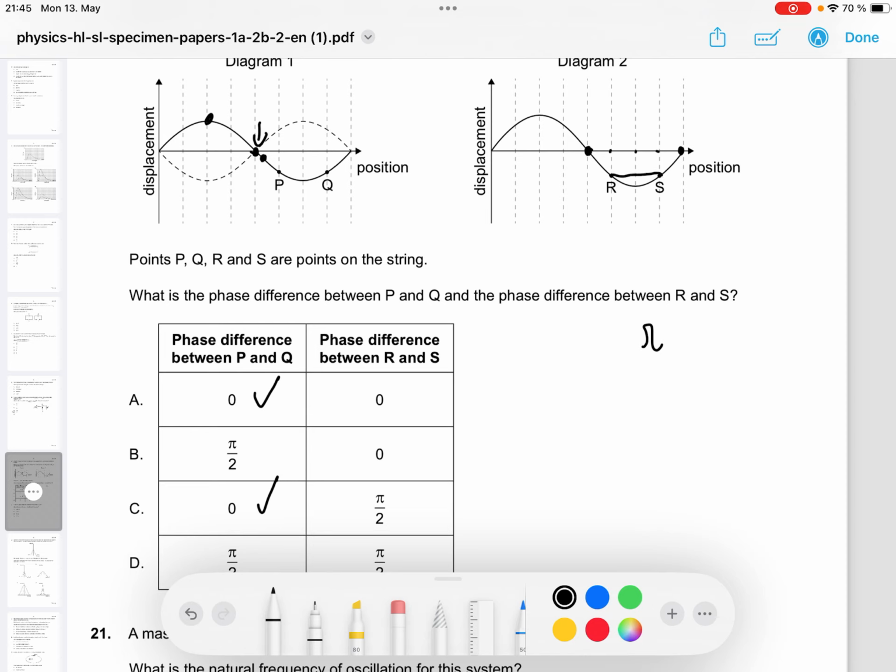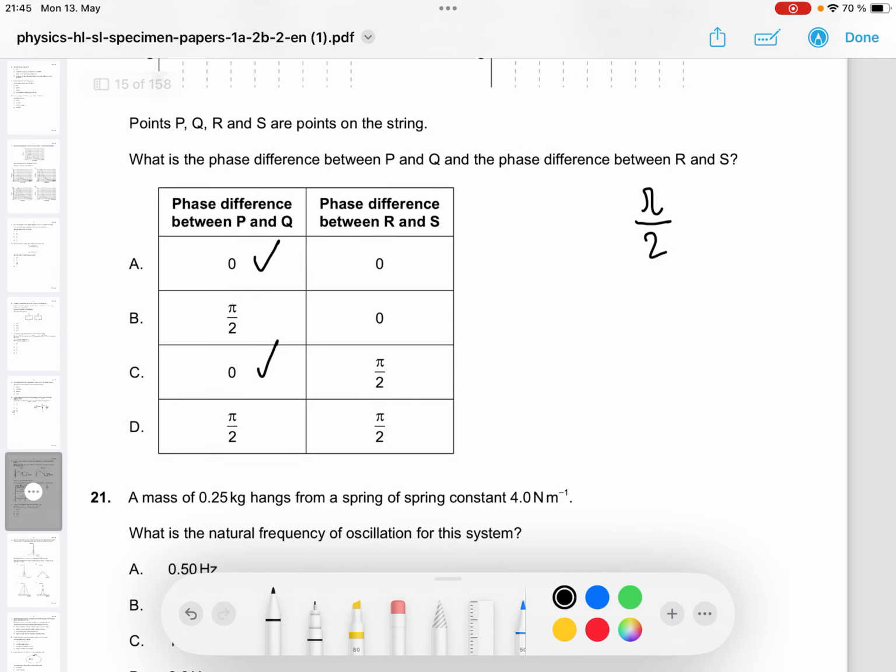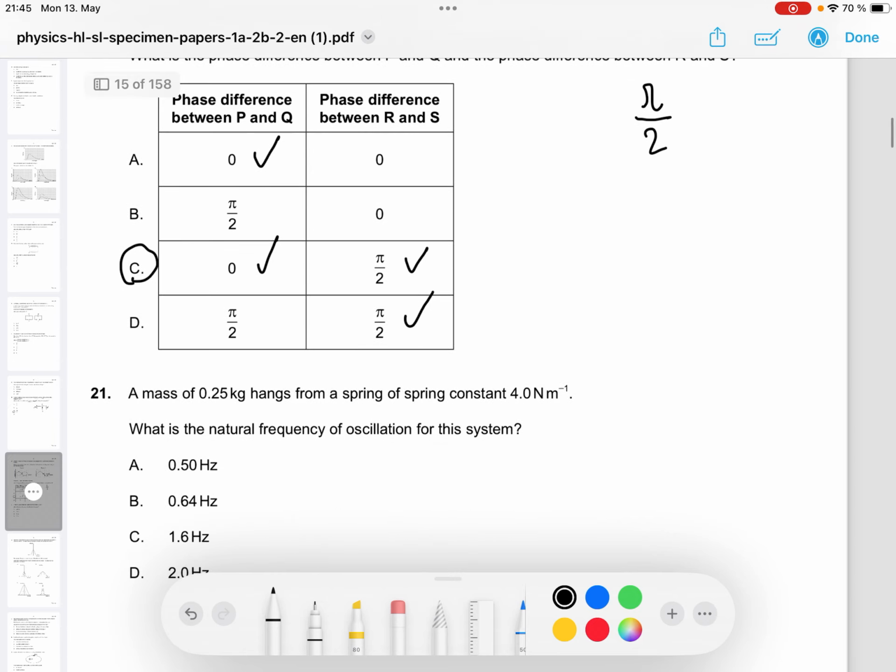And you can see that this here is equal to half the length of the total here, based purely on the number of lines. So pi over 2 must be the phase difference between R and S. So this is satisfied only by these two options, which means that answer C, which satisfies both the criteria, must be the correct answer.